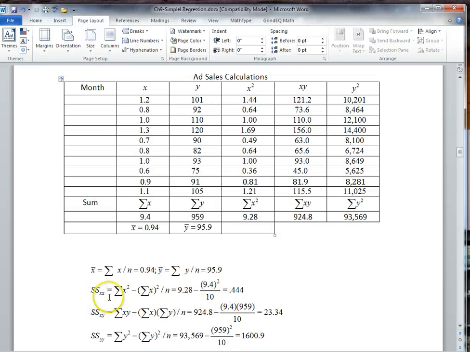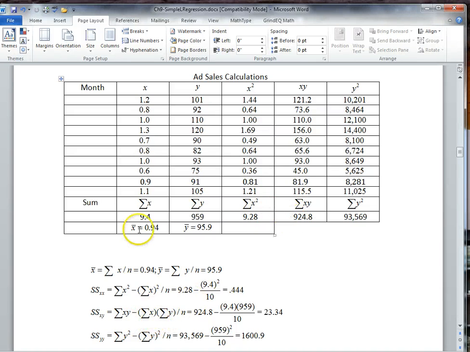Now the SSXX, I got, so sigma x squared from here, minus sigma x squared, so the sum of x, 9.4, squared, divided by 10. I got the answer here. The SSXY, I have the formula, so sigma xy comes from here.